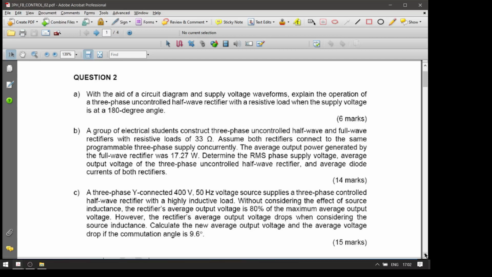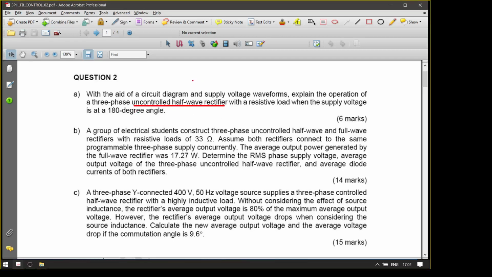So the first statement says that with the aid of a circuit diagram and supply voltage, explain the operation of a three-phase uncontrolled half-wave rectifier. So this is 3 diodes, because it's uncontrolled, with a resistive load. So the output is a purely resistive load.